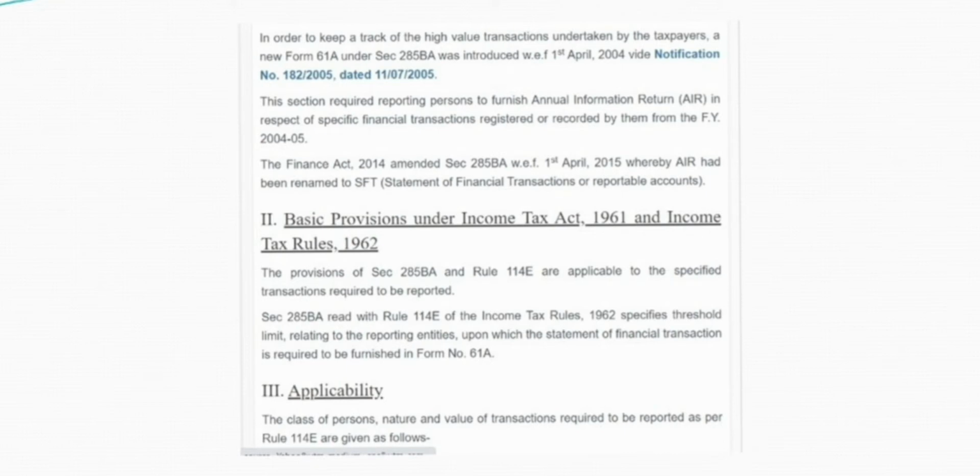Now, the basic provisions under the Income Tax Act 1961: the provisions of section 285BA and Rule 114E are applicable to the specified transactions required to be reported. And what is the applicability of this section? Who all come under this particular section are different financial institutions, departments, the revenue department, and so many.